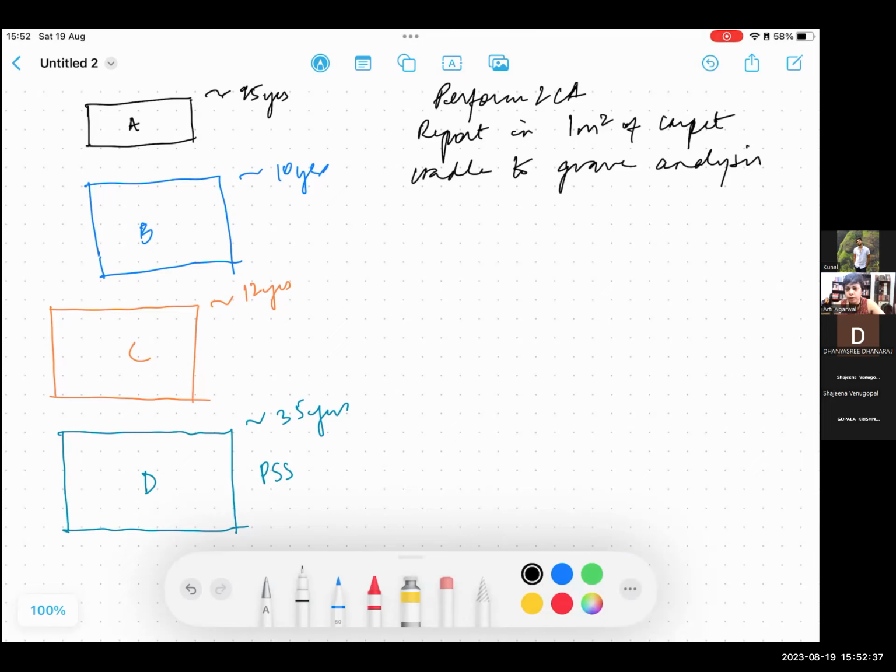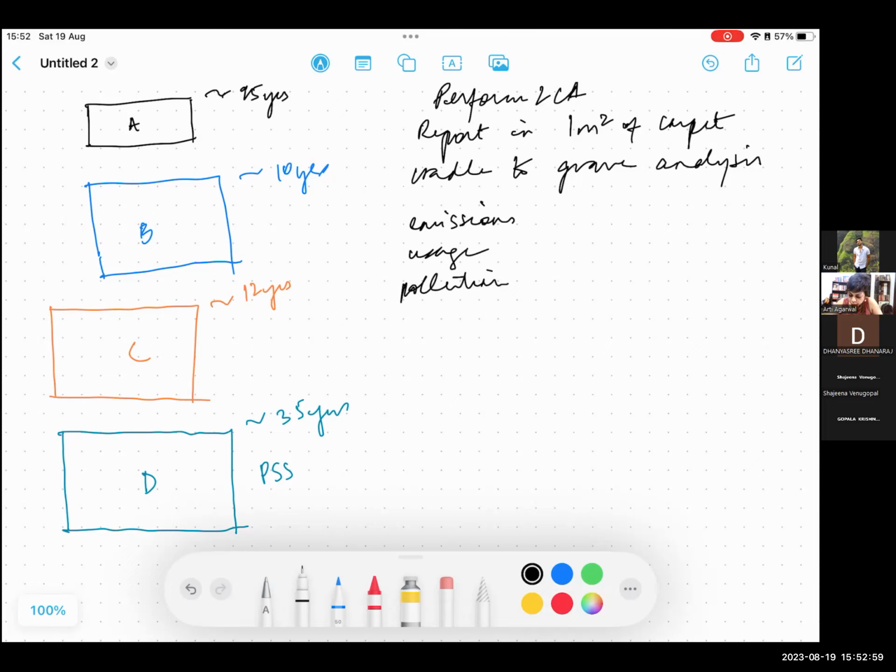I'm putting this just for our explanation purpose. Now, you do the LCA and you report the emissions, usage, pollution, whatever, for each of them. But how will you compare?